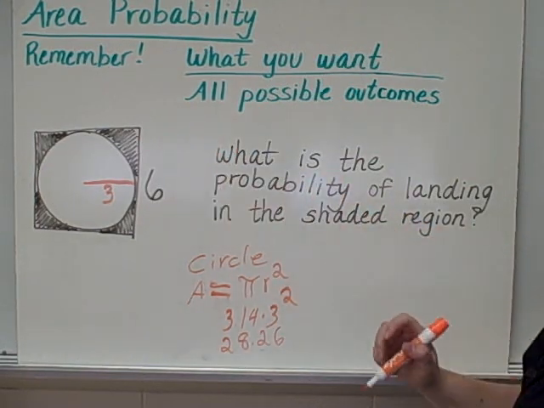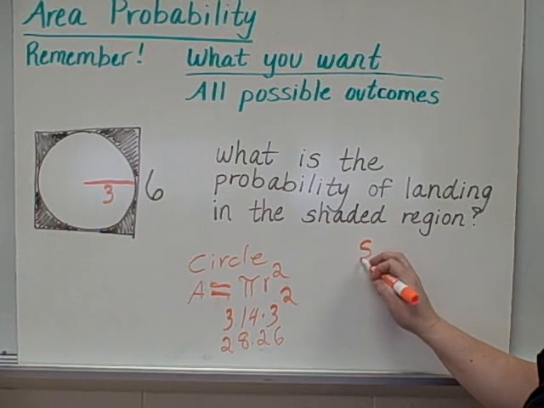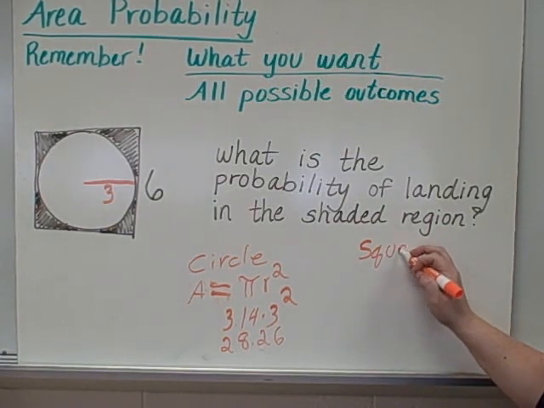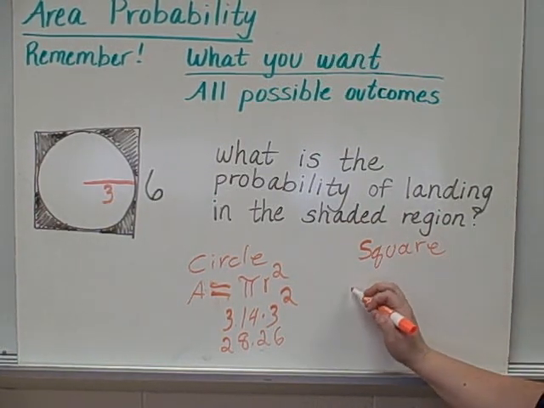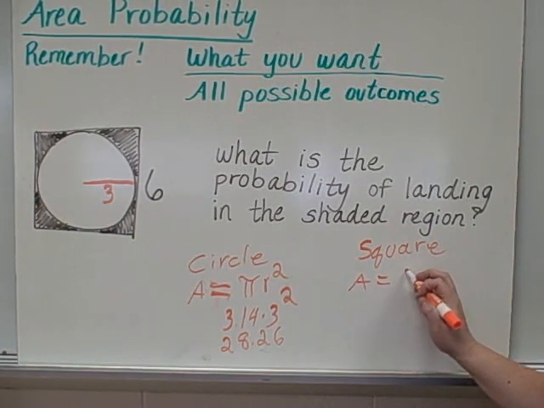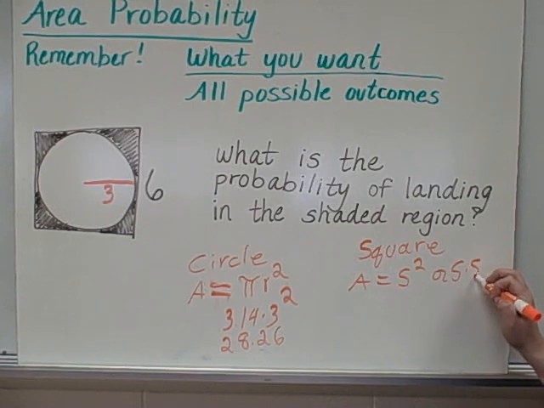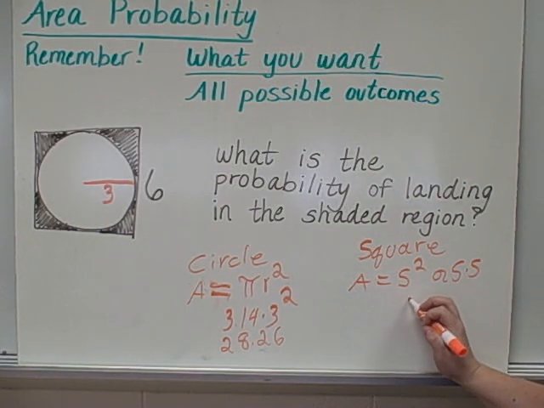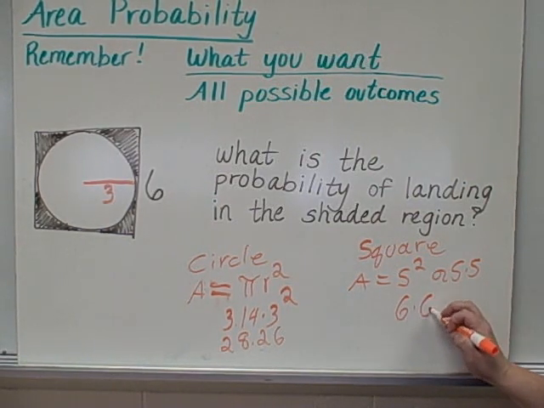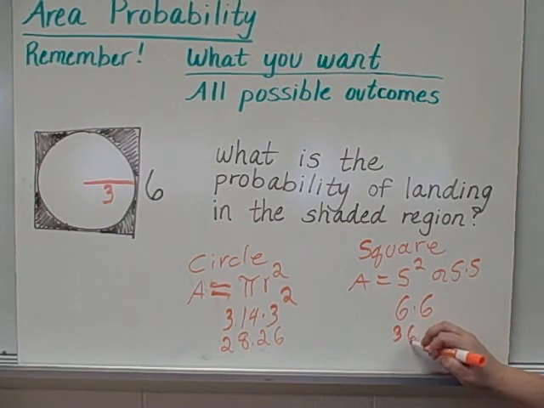Now the area of a rectangle or square. The area is side squared or side times side. So that's 6 times 6, which is 36.